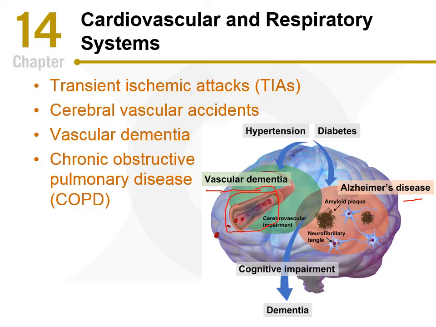Now, when the blood flow through the brain is disturbed or it has too much, it can make us appear to have dementia because we have the inability to remember things, we have the inability to function. We can also find that the brain could have little bleeds all over. That's a vascular dementia.